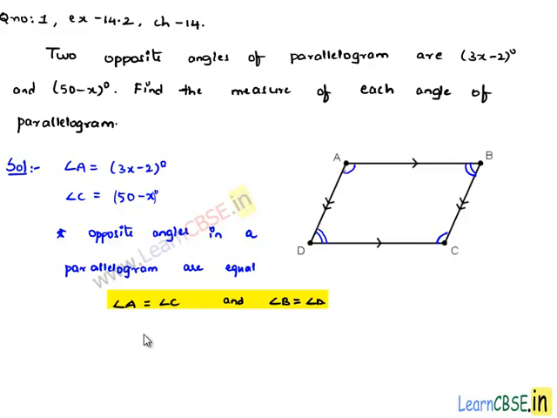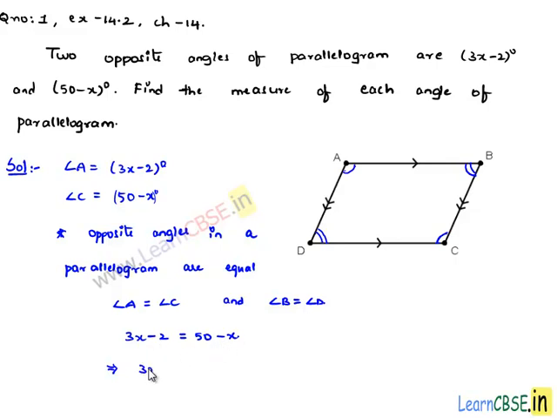Therefore, as angle A is equal to angle C, we can say that 3x - 2 degrees will be equal to 50 - x degrees. Let us transpose minus x to the left hand side and minus 2 to the right hand side.